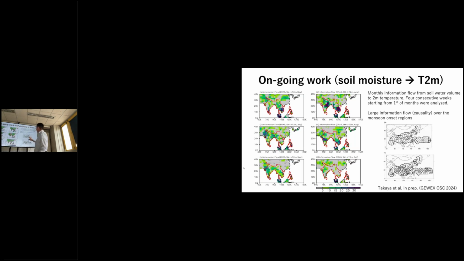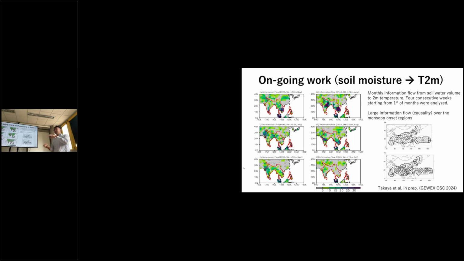By the way, in this video I forgot to put the significance difference, but a previous paper shows that, as I said, we have the monsoon onset in June over the central part of India. Actually, we see strong influence from soil moisture on meter temperature over these regions. So monsoon regions actually are affected by the land conditions.